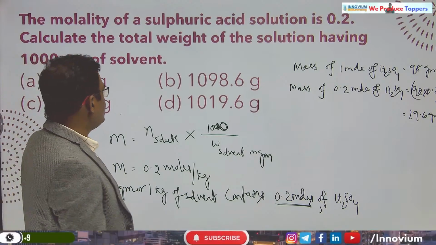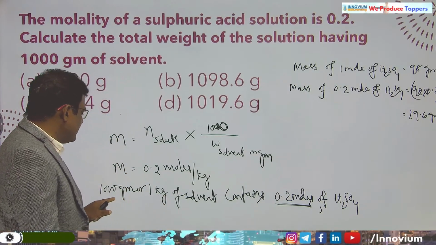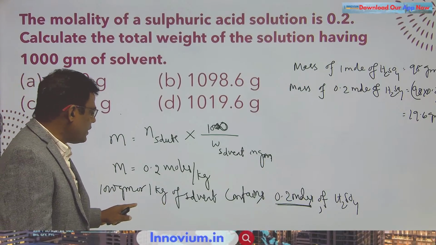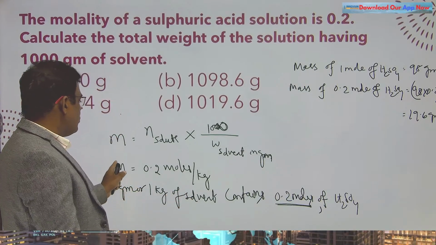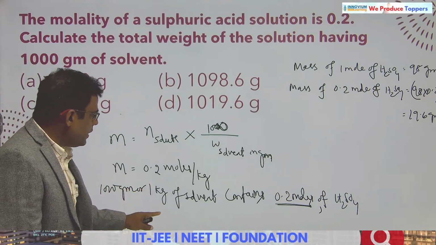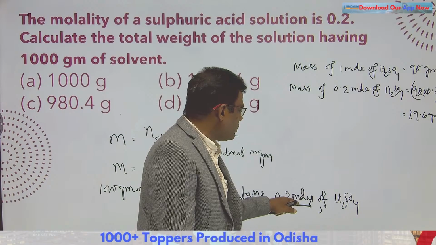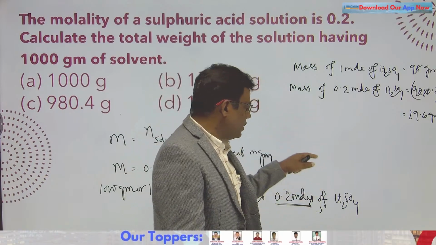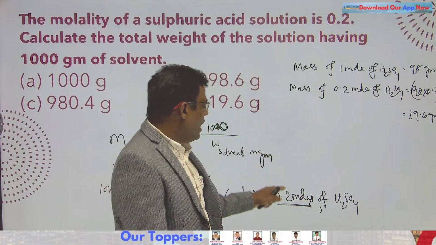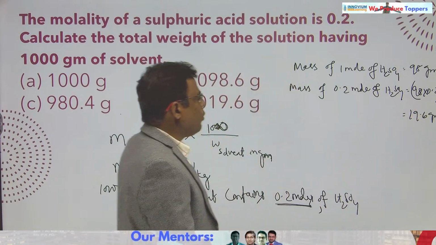So here we have exactly considered 1000 gram or 1 kg of solvent, because molality is given 0.2 moles per kg. So 1000 gram of solvent is having 0.2 moles of H2SO4, and this 0.2 moles of H2SO4 is nothing but the solute present in that solution, and the mass of this 0.2 moles of H2SO4 is 19.6 gram.